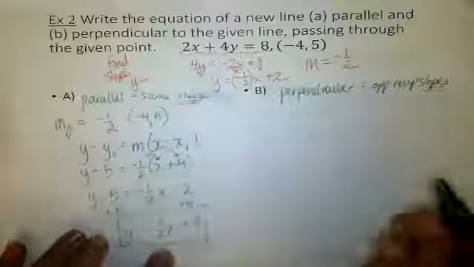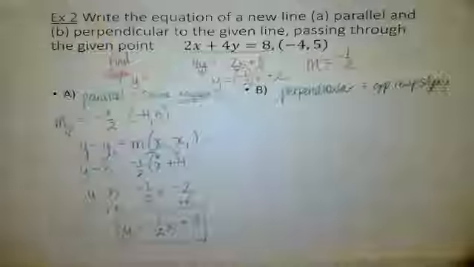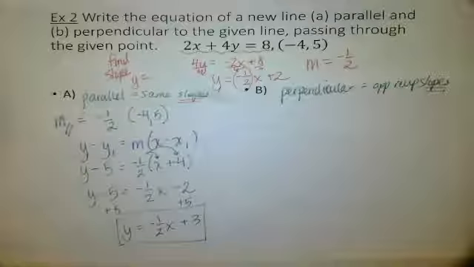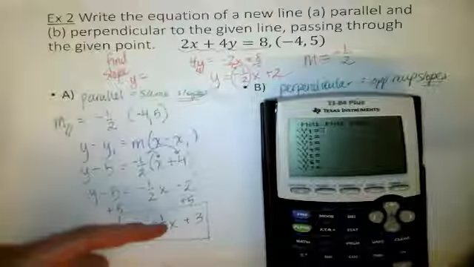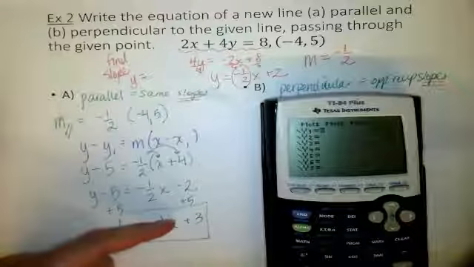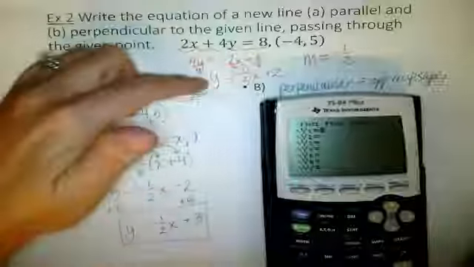What's our goal with writing this line? Parallel to the given line. Can I check that? Yeah. How? Graph it. Right, when in doubt, graph it out. Well, should I just graph this line or do I want a comparison line? Yeah, we want a comparison.